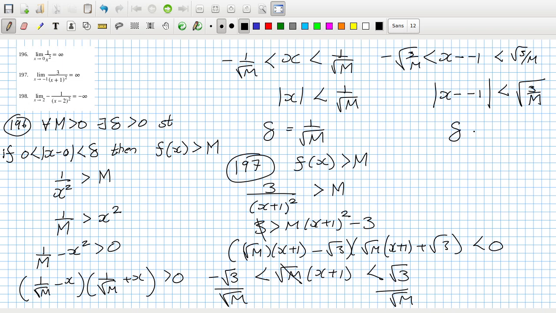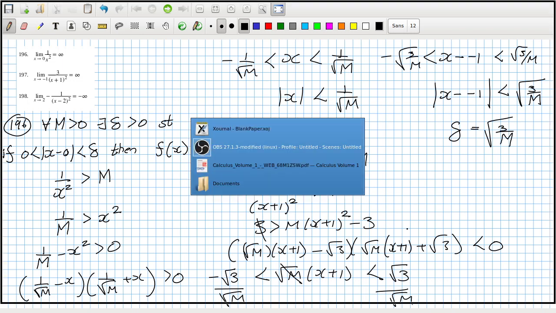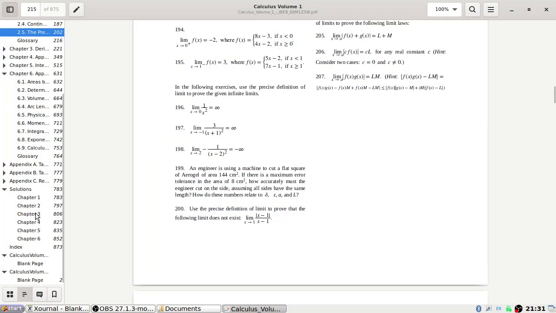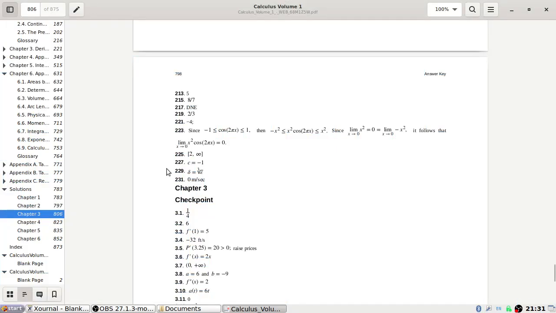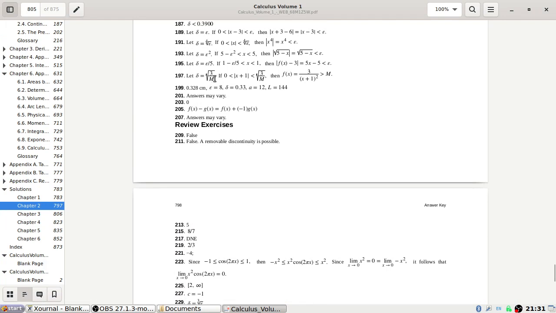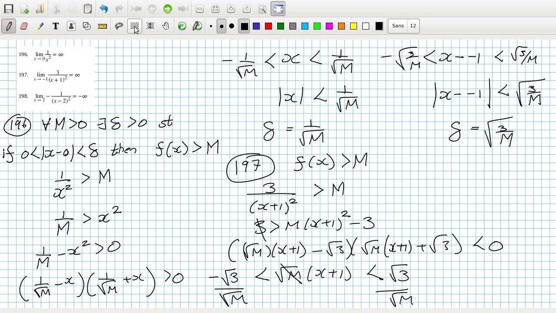So I found the delta. The delta is root 3 over m. And let's check the answer at the back. 197. Yep, root 3 over m.